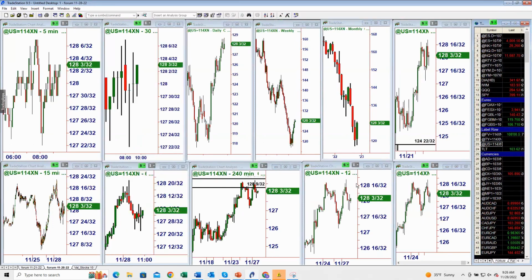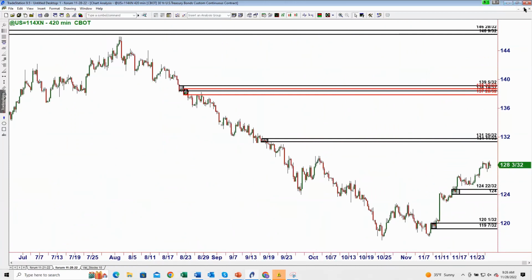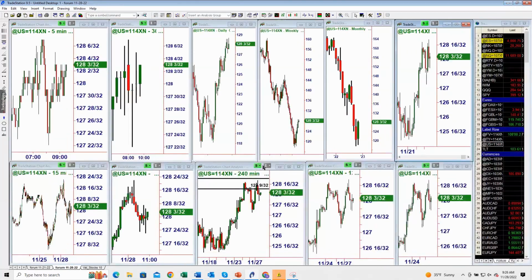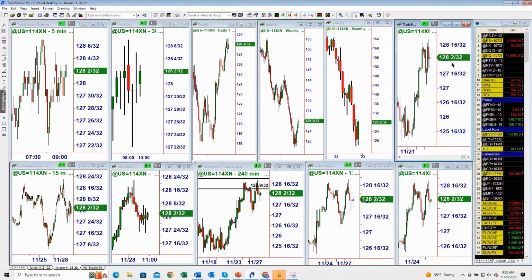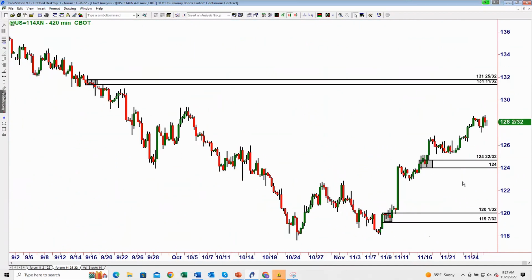The larger time frame demand zone here is, well, let's see. Here's the near-term zone, the zone that's closest to current price from a swing trading or longer perspective, 124.22. Okay, and then nice big profit zone up to the 131.11.